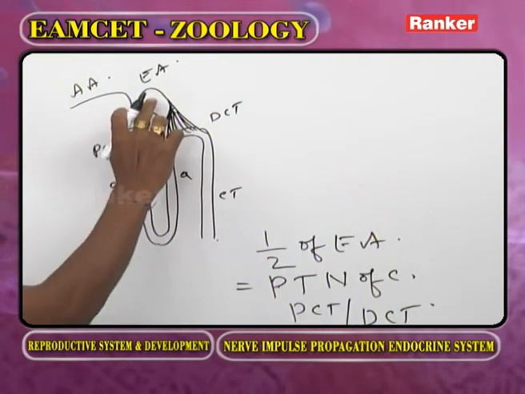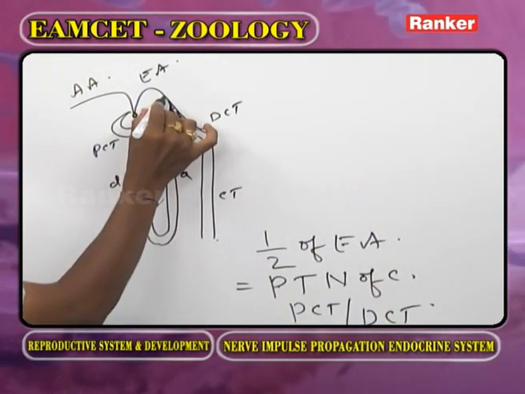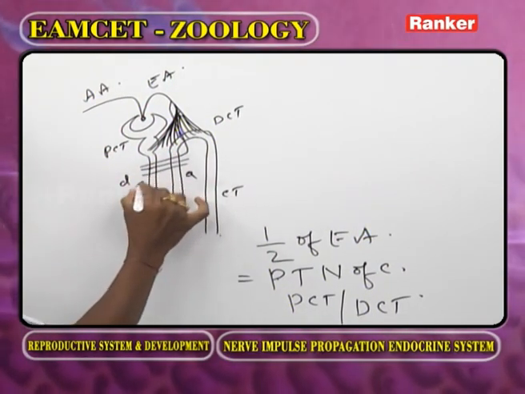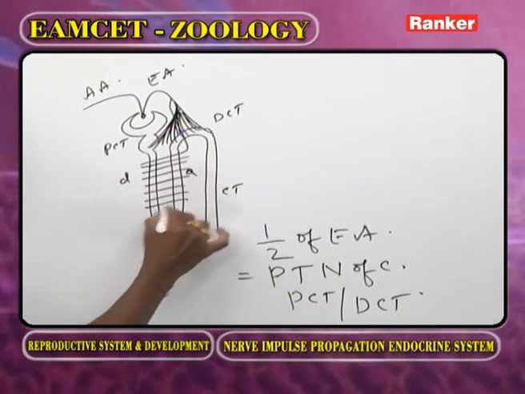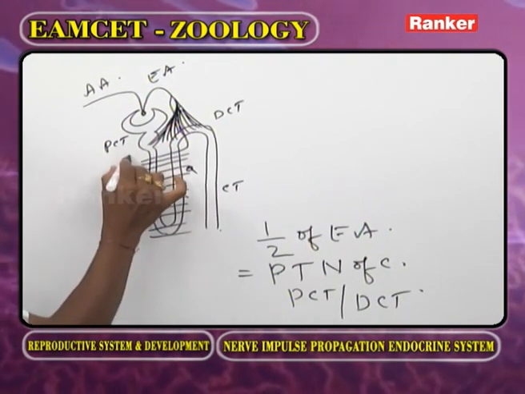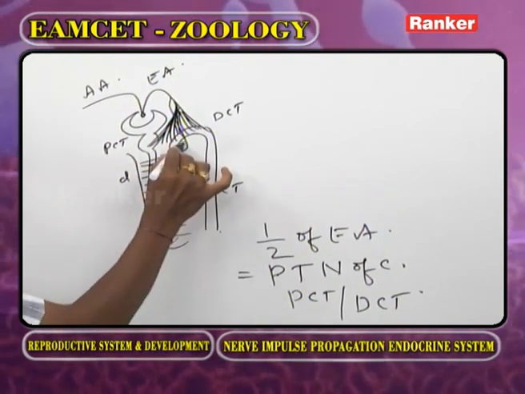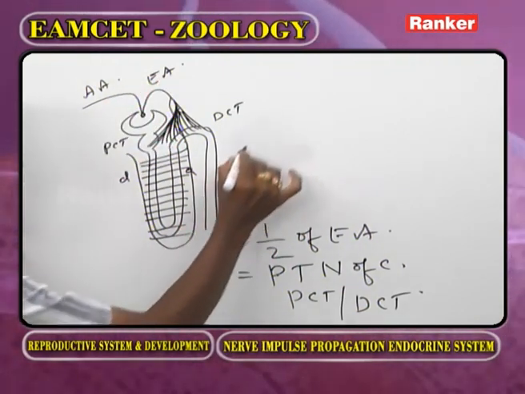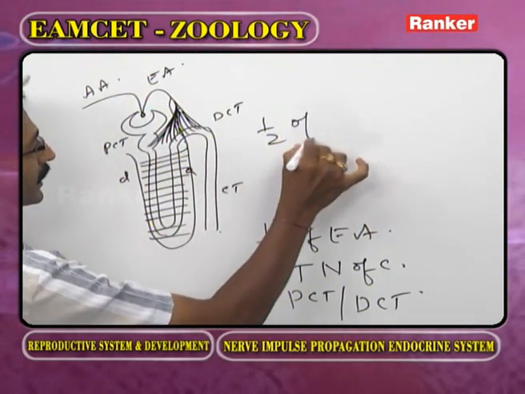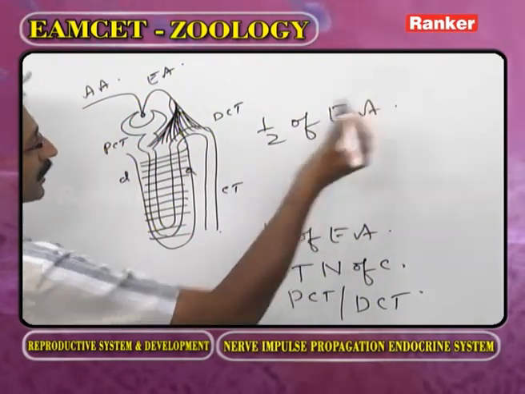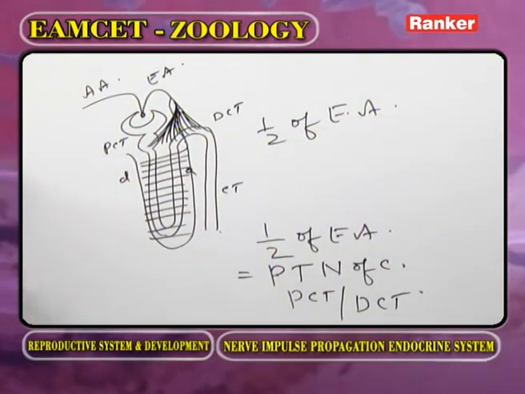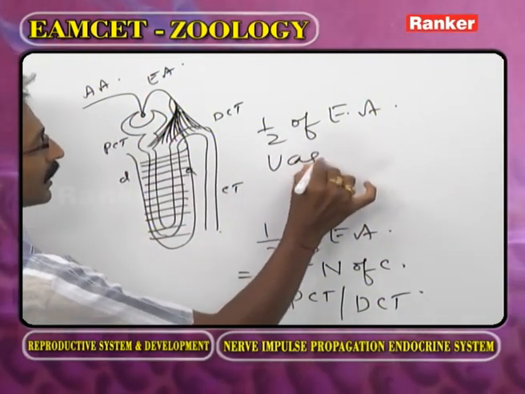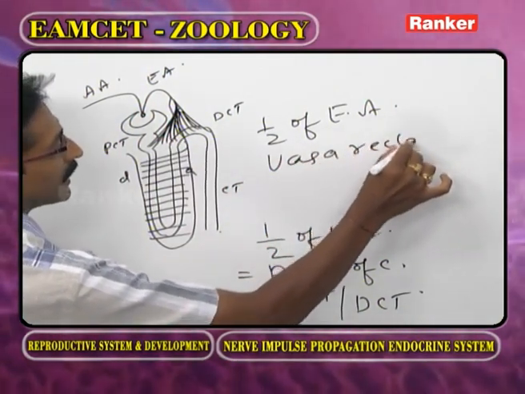Now the remaining part of the efferent arteriole gives rise to a bunch of blood capillaries, but they are in a U shape. The remaining part of the efferent arteriole gives rise to U-shaped blood capillaries called vasa recta.